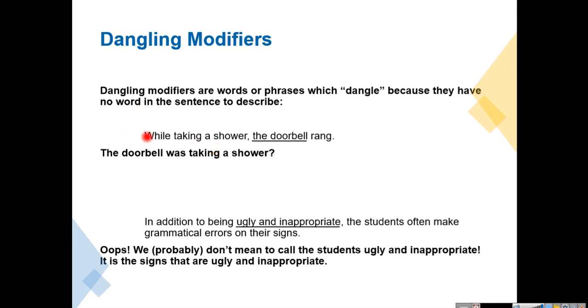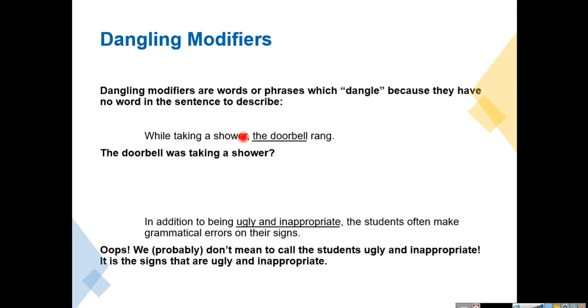While taking a shower, the doorbell rang. So the doorbell rang is our subject. This is the modifier, while taking a shower. You notice it's a group of words instead of a single adjective.